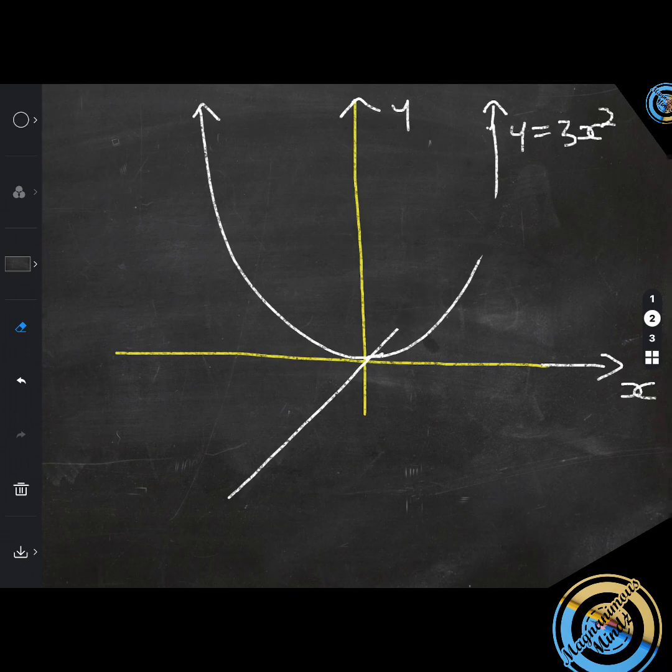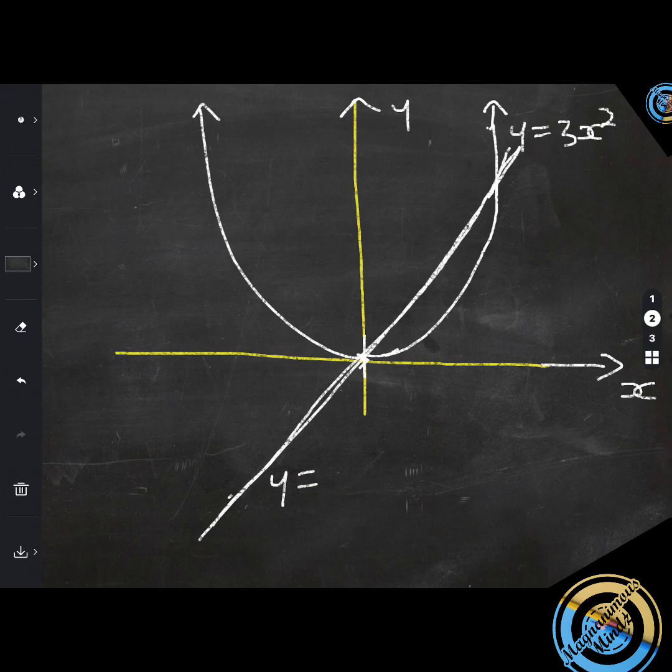The straight line is going to be something like this. Actually, that's not proper. Erase a bit. The straight line is something like this. Yeah. Then y equals 6x.